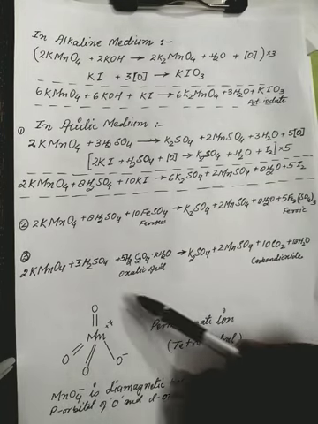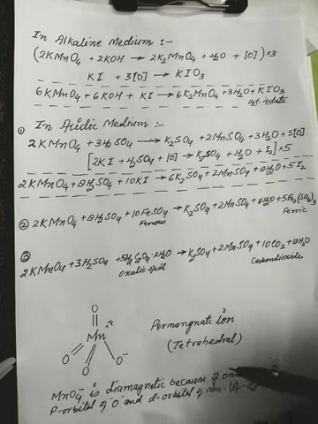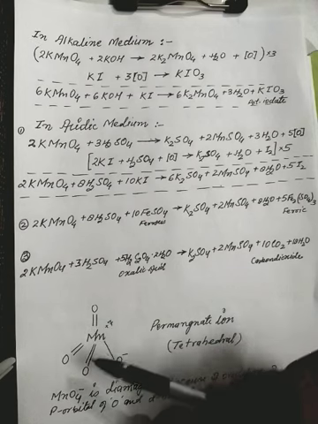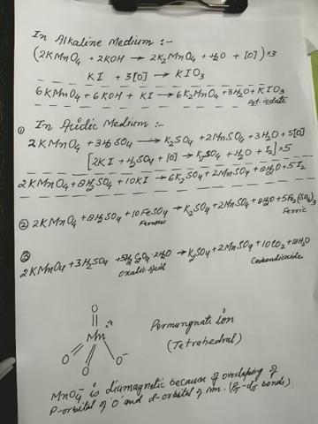And here is the shape of the permanganate ion. The permanganate ion is tetrahedral, where you can see the 3 pi bonds, and the oxidation number of Mn is +7. The permanganate ion is diamagnetic because of overlapping of the p orbital of oxygen and the d orbital of manganese.